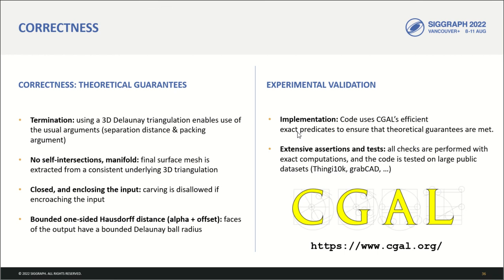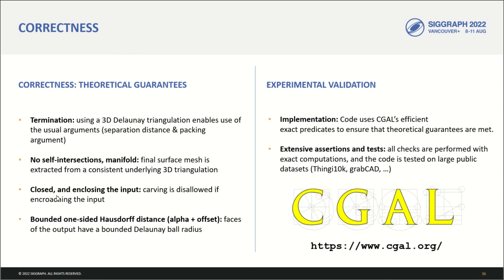Basing our algorithm on extensively studied data structures such as the Delaunay triangulation enables us to guarantee, in theory, a number of important properties: termination of the algorithm, validity of the output, because the final surface mesh is extracted from a consistent underlying 3D triangulation.